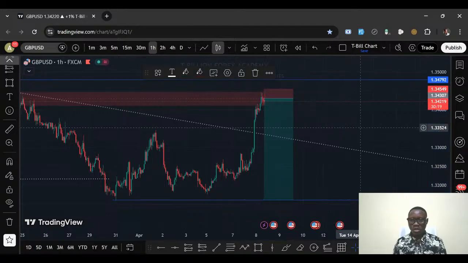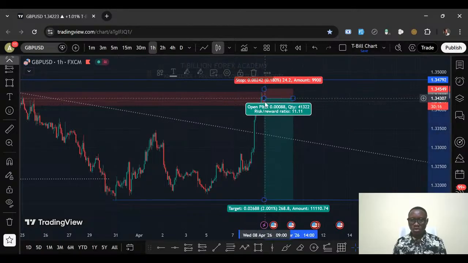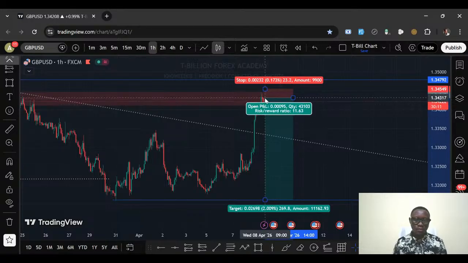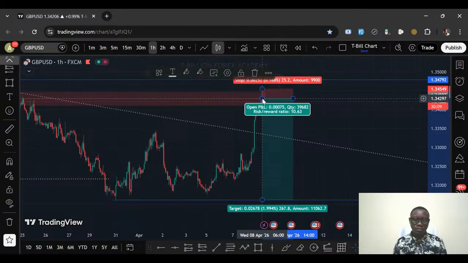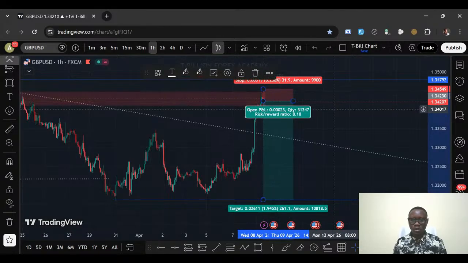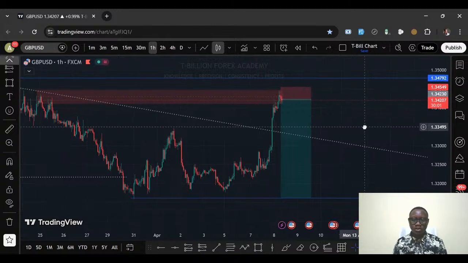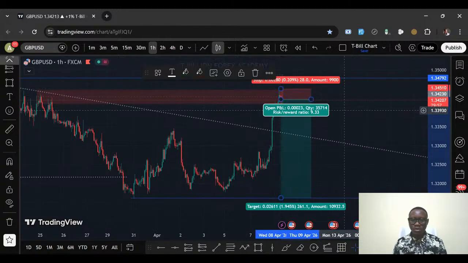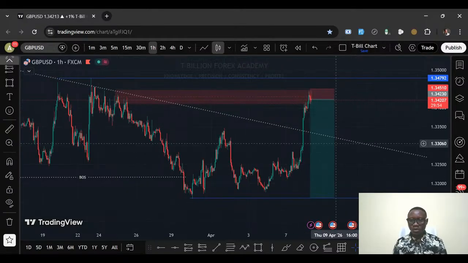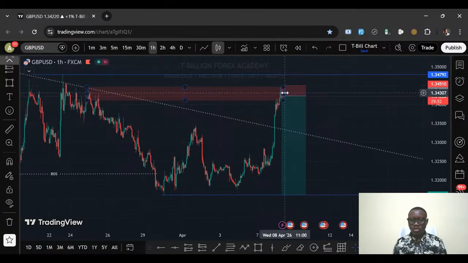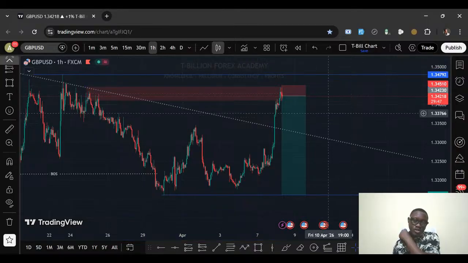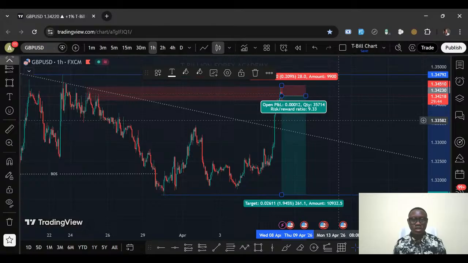Put your SL here, and that gives you a 1:2. Sorry, this is where we're taking it. So you can simply take your entry right here, and your SL will be slightly above the other block. If you want to take the trade, you can take it at this point right here, using risk entry. But as you know, I am not going to take this trade like this.